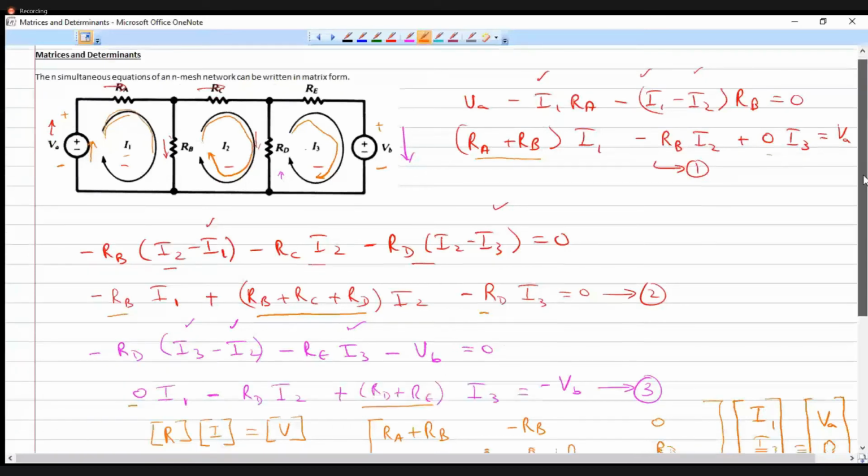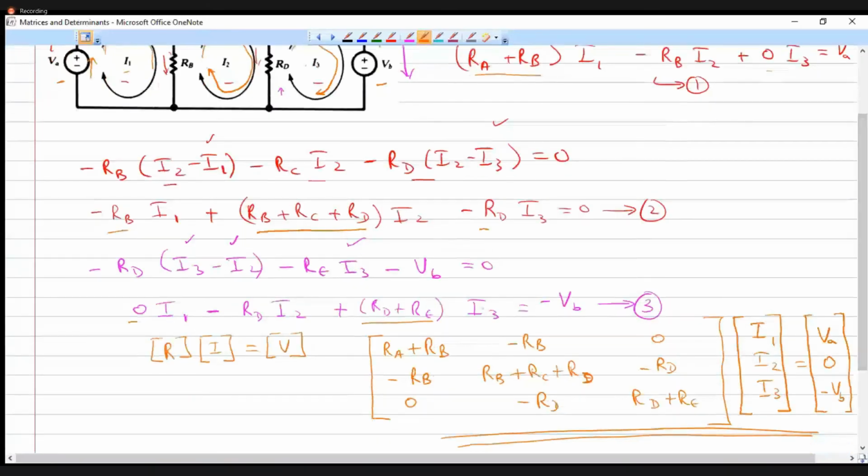Then from there I have picked up the coefficients of I1, I2, and I3, and created the matrix which is called the resistance matrix. Then I have picked up all the loop currents and written the current matrix, and picked up all the voltage sources and written the voltage matrix.